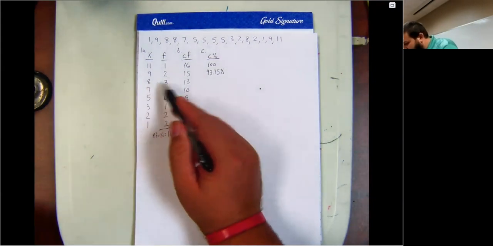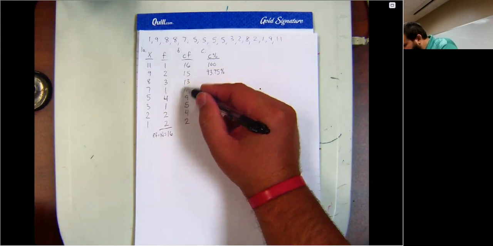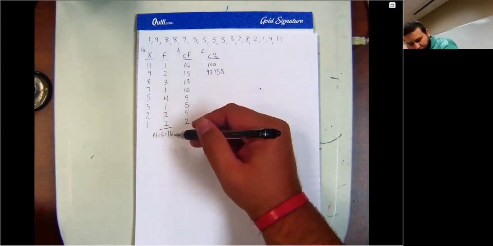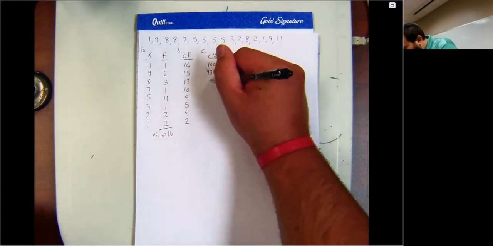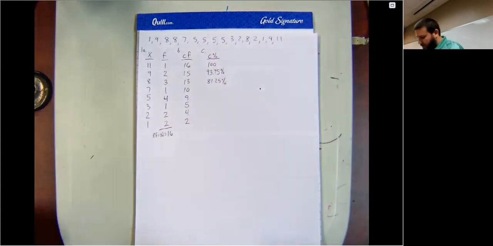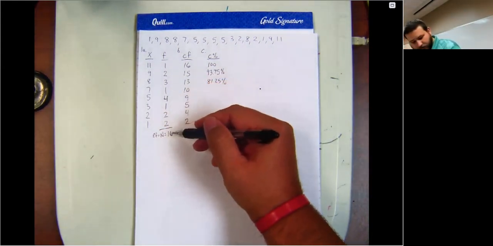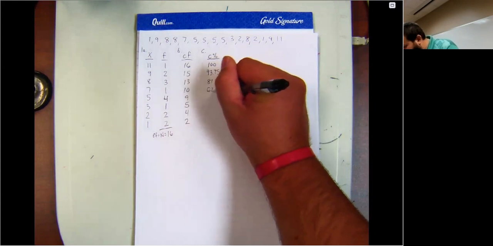What percentage scored an 8 or lower? Well, the cumulative frequency is 13. The n is 16, so 13 divided by 16 times 100. 13 divided by 16 is 0.8125. Times 100 is 81.25%. All right, what percentage scored a 7 or lower? 10 divided by 16 is 0.625, times 100 is 62.5%.